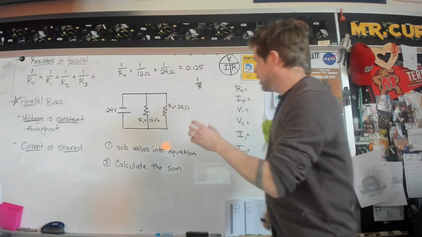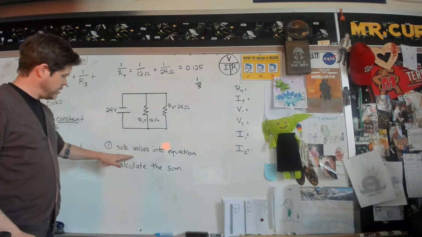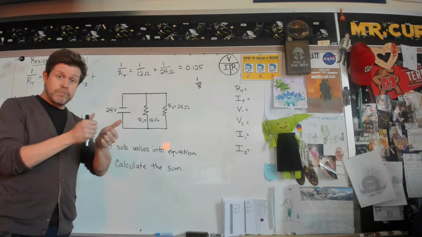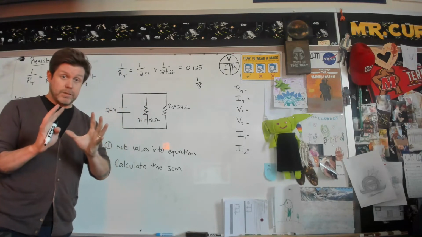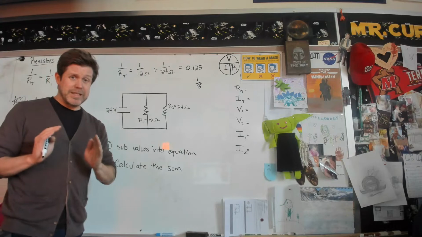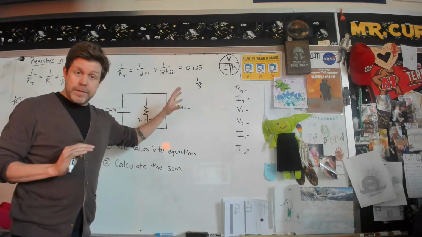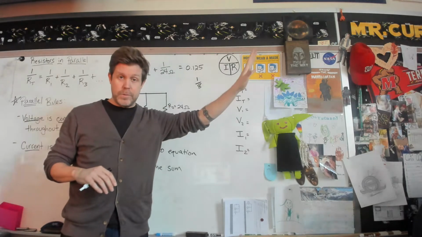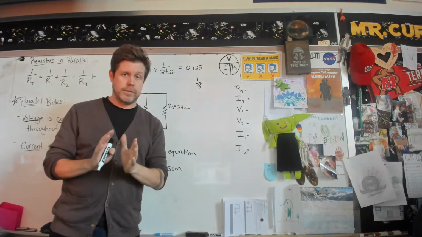So looking at what we got, we've subbed our values in, then we calculated the sum. So this is what you'll do: plug in your numbers, add them up. You're going to get an answer. Now, a lot of people make the mistake of stopping right there and thinking, oh, there's my resistance. They write it down and they move along. They're missing the last step.